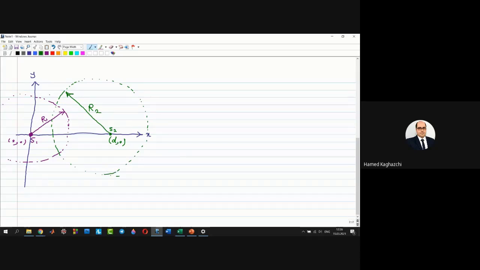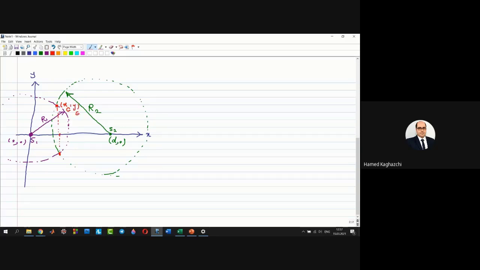Now we could find two nodes with the intersection of these two circles, this node and this node. But we don't know which one of these nodes is our location. For now, suppose that we have two nodes. What is the coordinate of this node? It is x, for example, xg and yg.